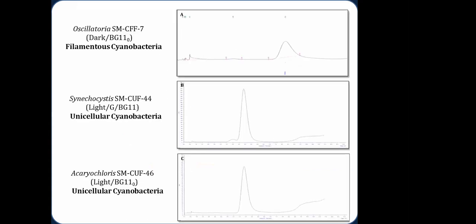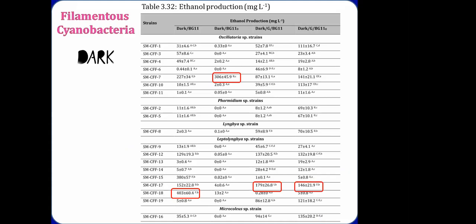And the same, you can see the different graphs which were obtained for the detection of the ethanol from the cyanobacteria. And here the results have been summarized in the form of tables for the different conditions, the same which I discussed for the biohydrogen. The same pattern was followed for the detection of the ethanol, and the conditions are the same.